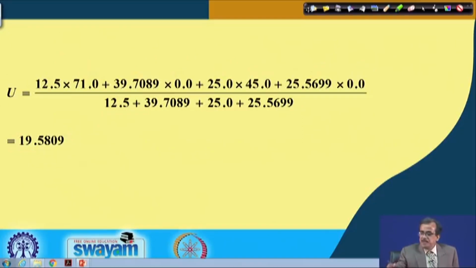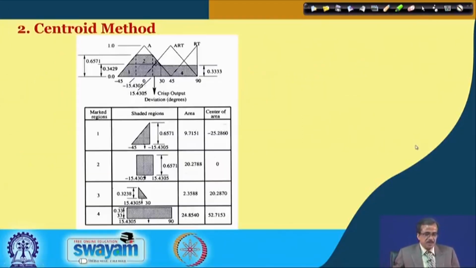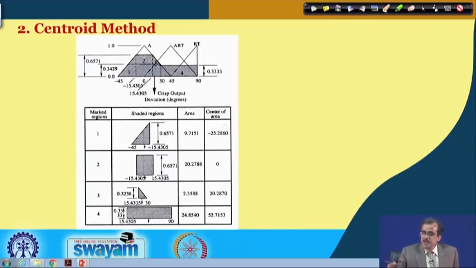Now, I will see for the same problem how to use the other method of defuzzification. The principle of the centroid method I have already discussed. Here, what we do is try to divide the whole fuzzified output, after considering all the fired rules, into a number of regular subregions.